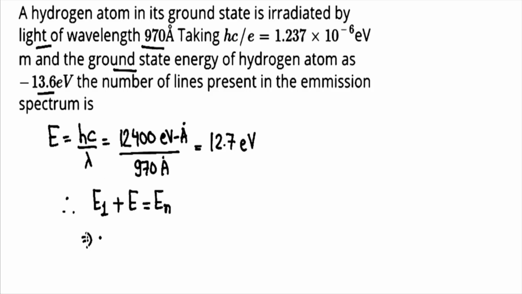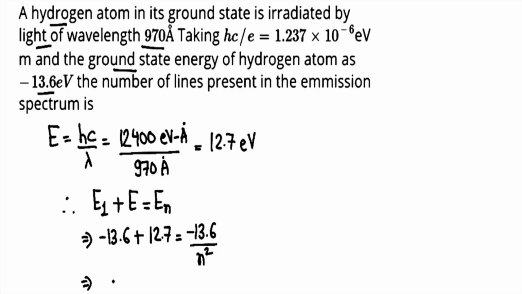So energy in the ground state is minus 13.6, energy of the photon is 12.7, and energy in the nth state will be minus 13.6 Z square by N square. For hydrogen Z will be 1, so divided by N square.